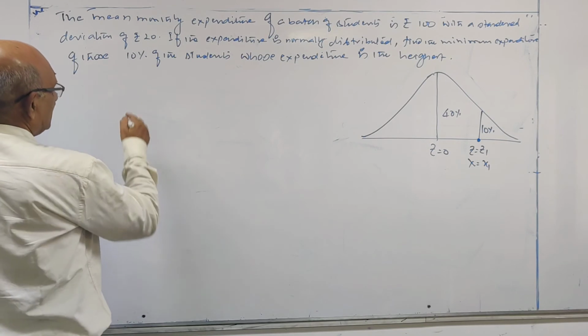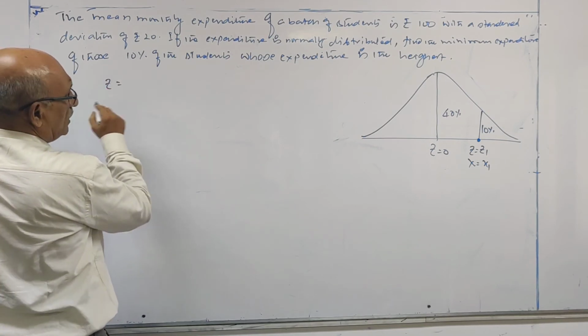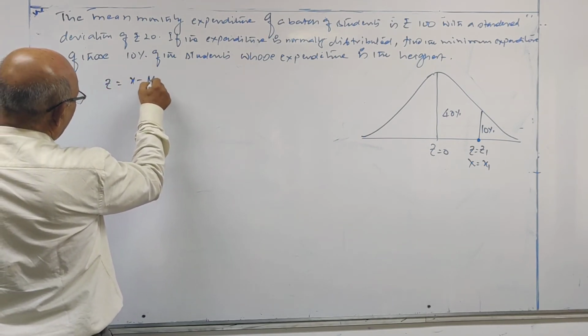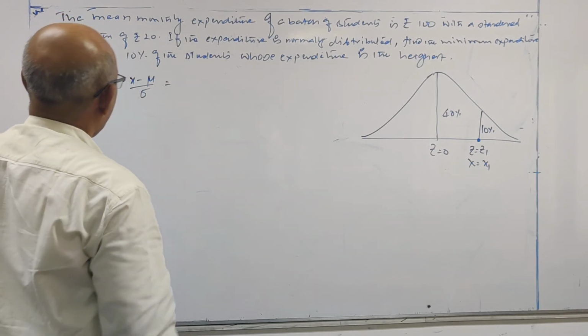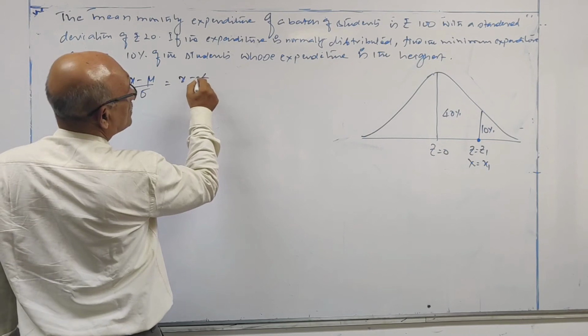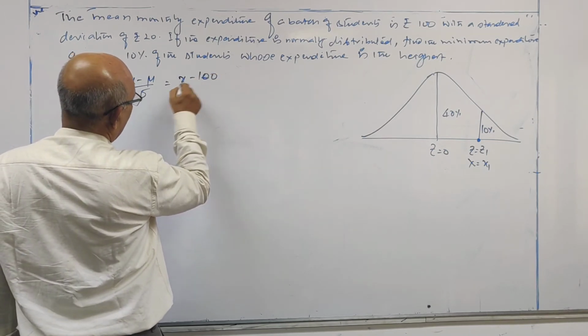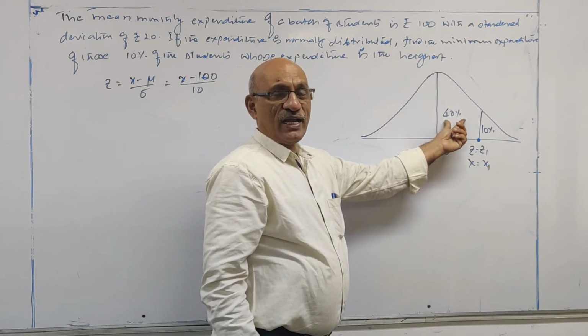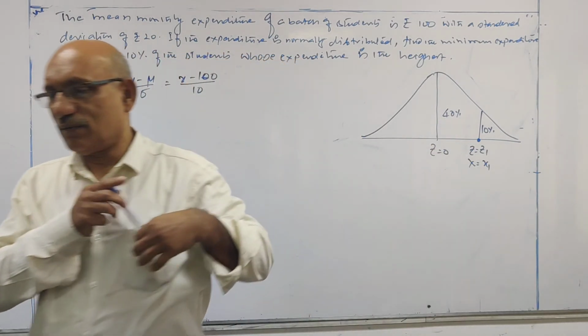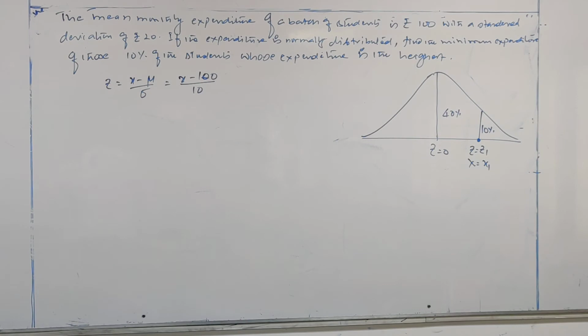So Z is equal to (X minus mu) by sigma. The mean is 100, the standard deviation is 10. I have to see for what value of Z the area is 0.40.